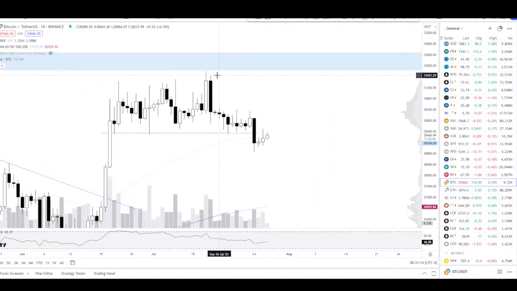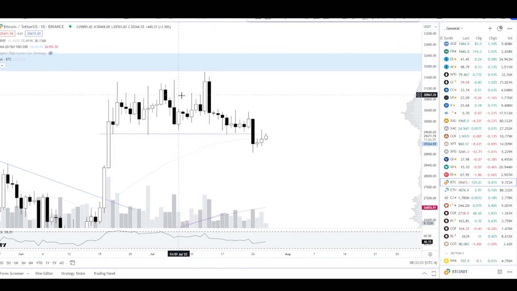Recapping: whenever we have a power move like this, normally when it's followed by affirming candles right after on the same interval, it means this power move may follow through in the same direction.